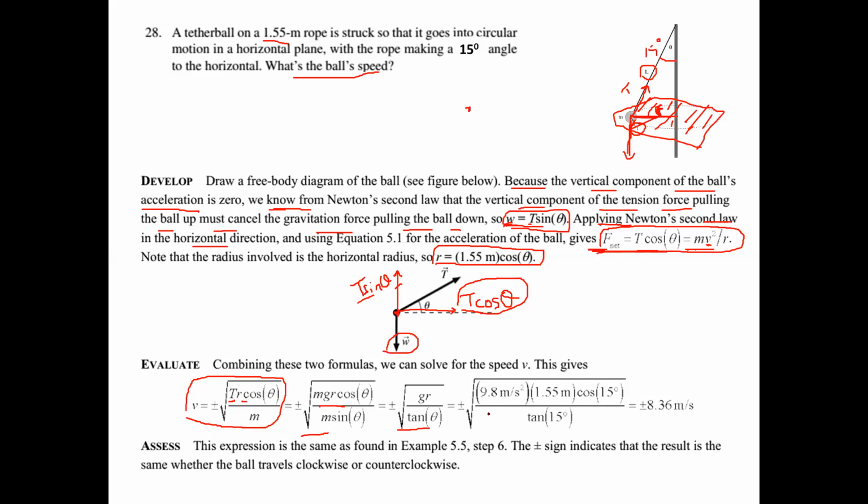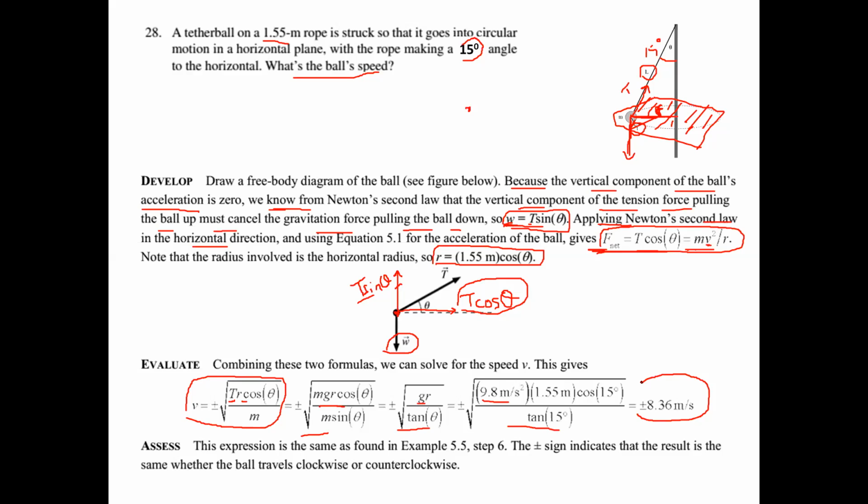And then you will only put the numbers here, and g is a constant here, and r here, 1.55 meter cosine. Your theta is 15 degree, and tangent 15. From here, you will get positive or negative 8.36 meter per second.